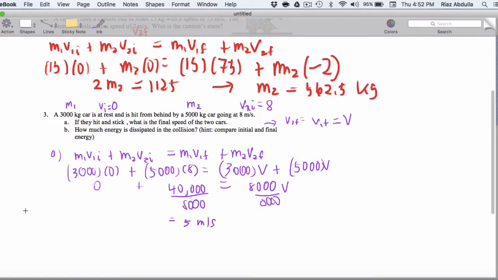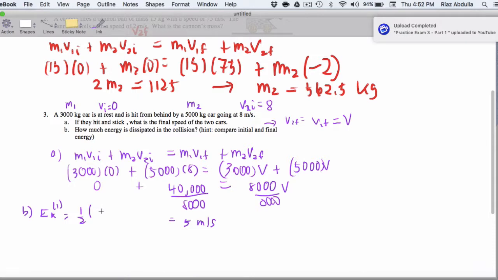Now for part B, let's just compare kinetic energies. It says how much energy is dissipated in the collision, so compare initial and final energy. Well, there's only kinetic energy. The initial kinetic energy is just the 5,000 kilogram car. So E kinetic initial is going to be 1/2 times 5,000 times 8 meters per second squared.